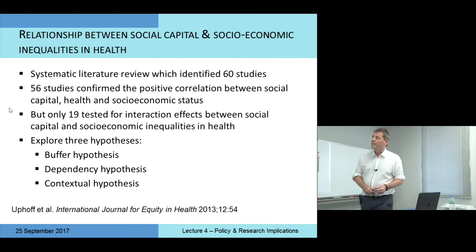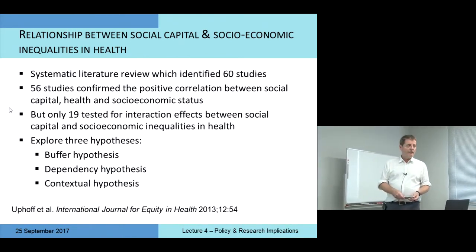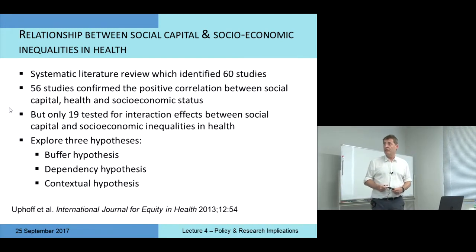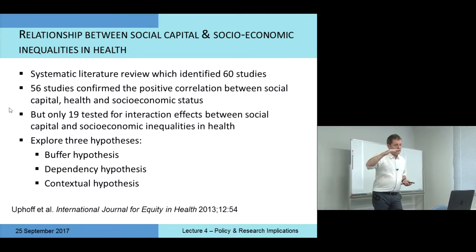So that's interesting. However, only 19 of these studies formally tested for interaction effects between social capital and social inequalities in health. In other words, to what extent is the relationship between social capital and health influenced by socioeconomic inequality?